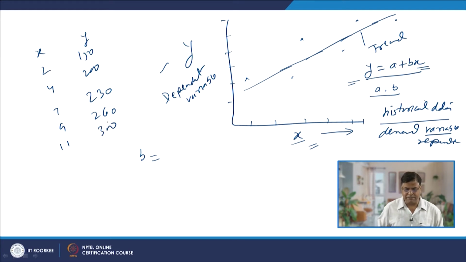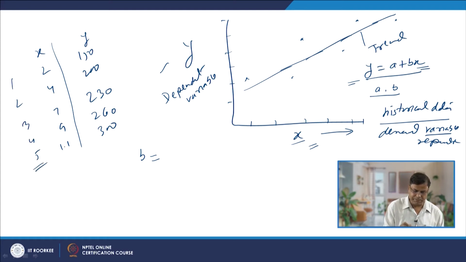This is the kind of y values available for the corresponding x values. So, what we try to do is, using these values of x and y, we try to calculate the coefficient values of a and b. Here, how many data points are there? 1, 2, 3, 4 and 5.